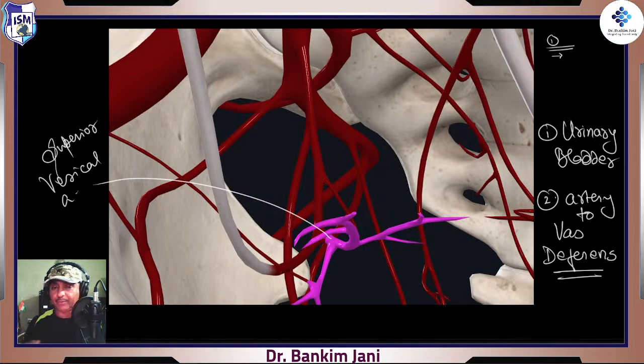This would be very important when we'll be talking about those nerve plexuses, right? So here it was easy, right? That umbilical artery, only the proximal part persists, and that goes to the superior vesical artery, and that superior vesical artery supplies nearby organs. The name itself is telling: urinary bladder and the artery to vas deferens, right?